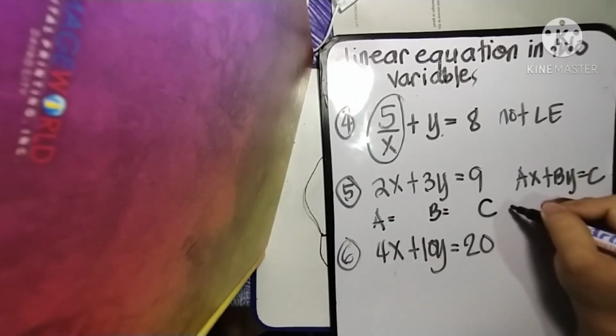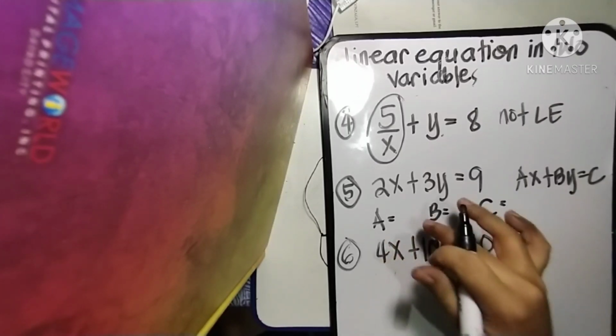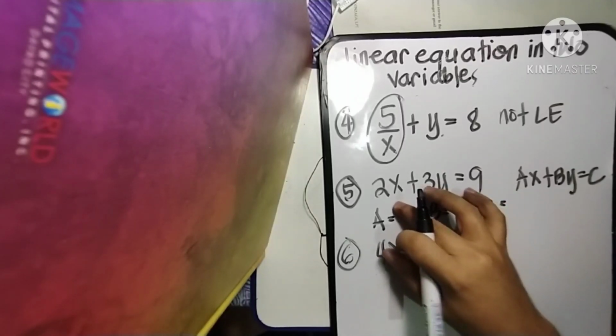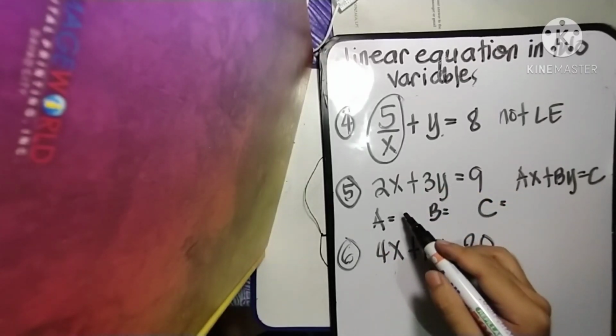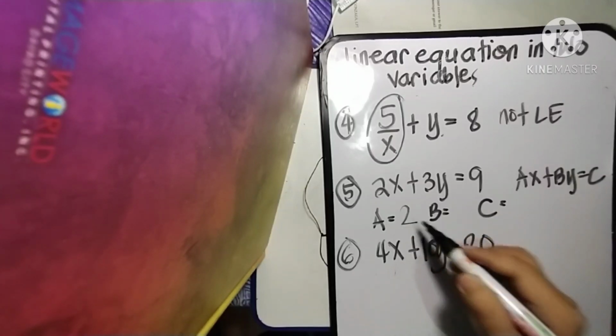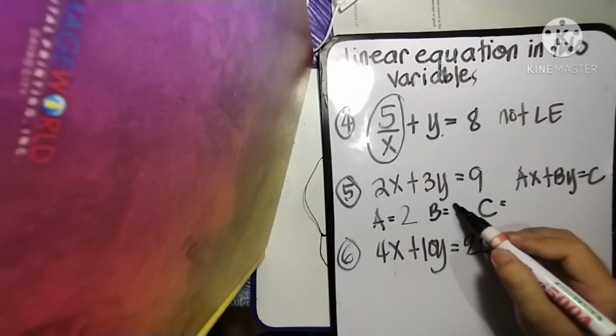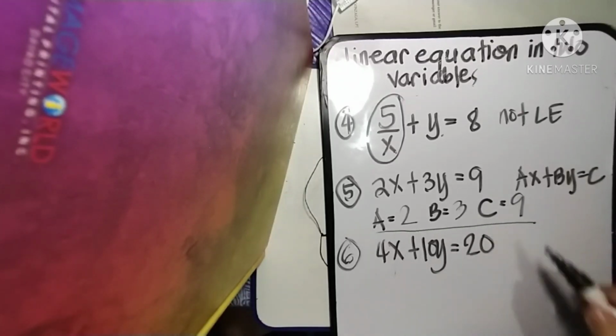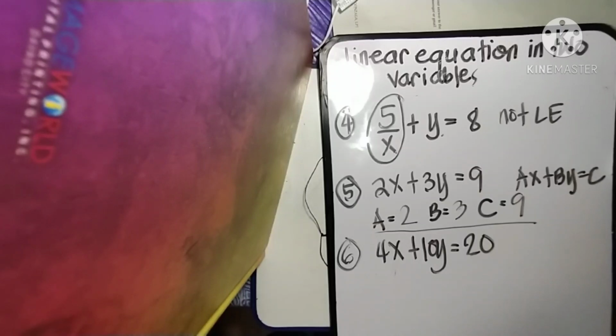Okay? So, what is the value of our a? So, remember, value of a can be located or makita nato beside x. Okay? What is the value beside x? So, naa nata positive 2. The value beside y is positive 3, and c is 9. So, these are values of a, b, and c, which are real numbers.